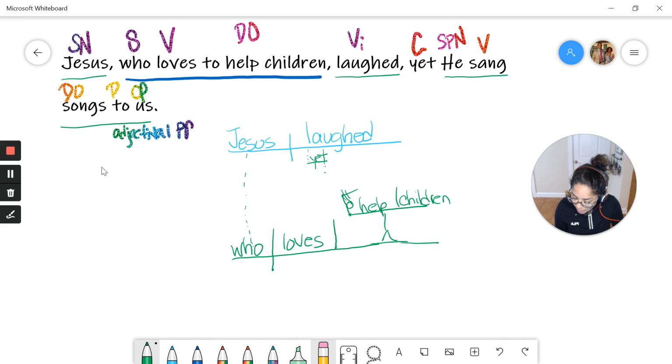So the yet has to connect to the other verb. I made a mistake, sorry.